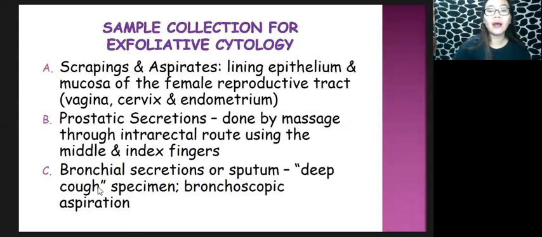So another, we can also perform bronchoscopic aspiration, especially in patients who are having some trouble producing a deep cough. So we don't want it to be contaminated with cellular elements which are found in the upper respiratory tract. So it has to be representative of your lower respiratory tract.